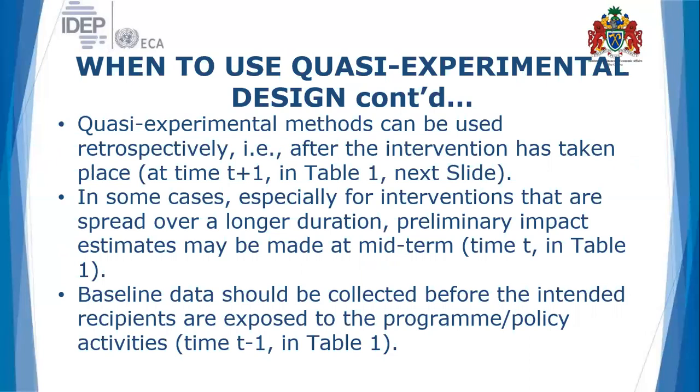Quasi-experimental methods can also be used retrospectively. That is, after the intervention has taken place. For instance, at time t+1, as we'll see in the next table, in the next slide. In some cases, especially for interventions that are spread over longer duration, preliminary impact estimates may be made at midterm, that is at time t.